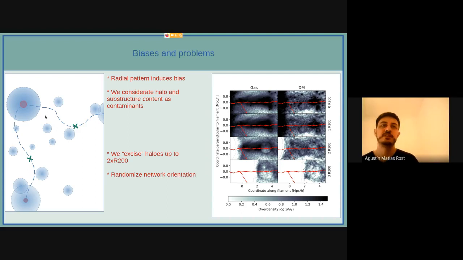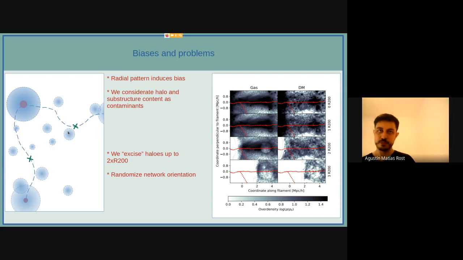These objects tend to be populated by many clumps and halos that have their own properties and own density profiles, and we consider them to be contaminants.